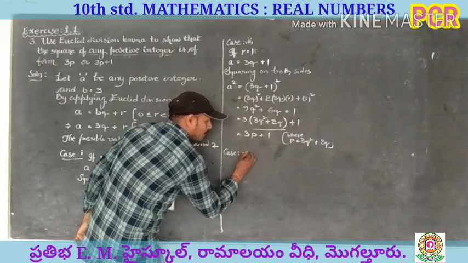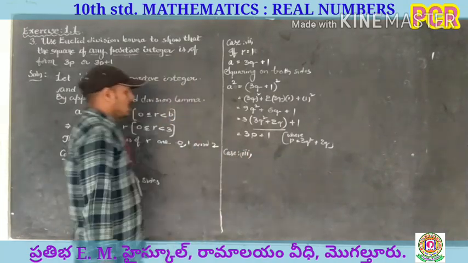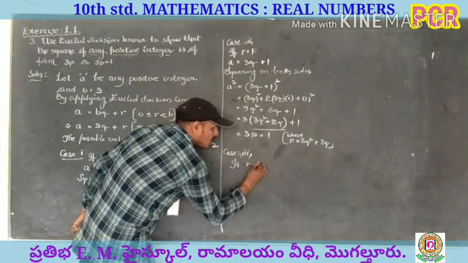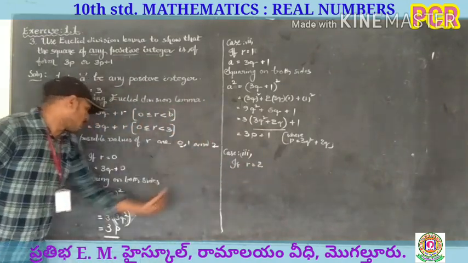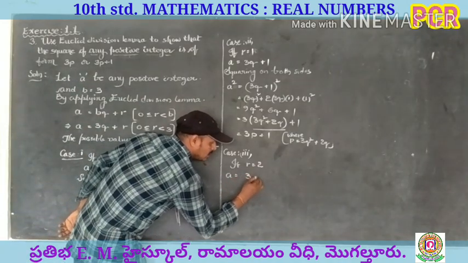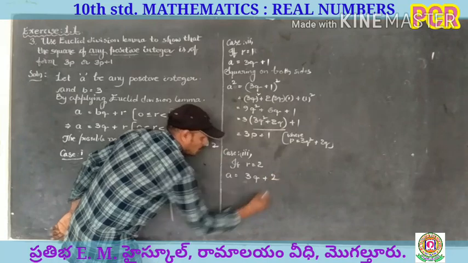Case 3. If r is equal to 2, just substitute a is equal to 3q plus 2.